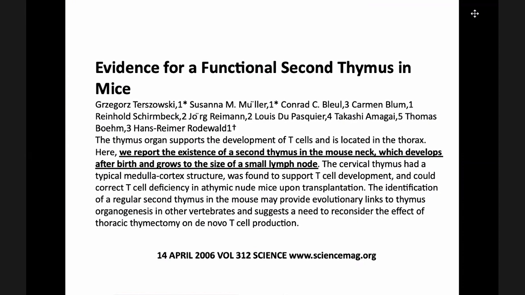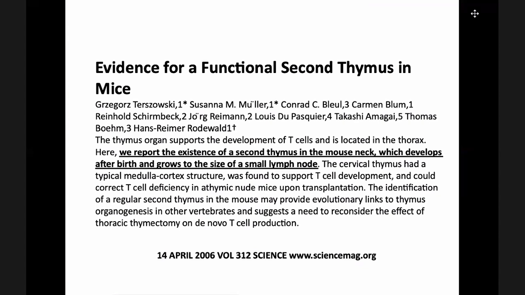This is actually surprising if you think about it, because for ages we have known that there is one thymus which is present in the thoracic cavity on top of your heart, right? And is the site for development of your T cells.